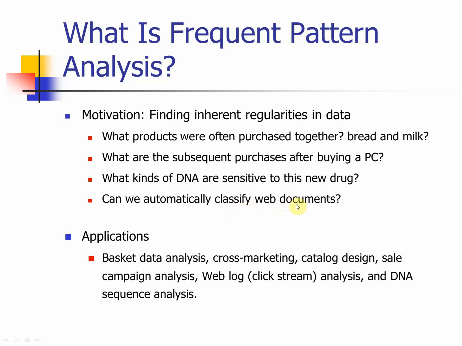All of these are able to find what we call frequent patterns, and the applications can be basket data analysis, which is the typical bread and milk analysis, cross-marketing, catalog design, sale campaign analysis, web log analysis, as well as DNA sequence analysis.